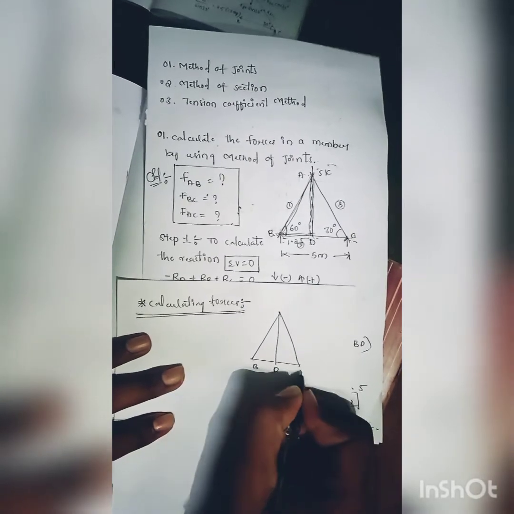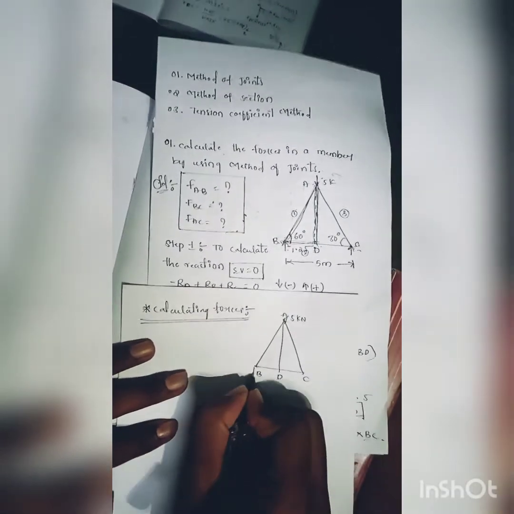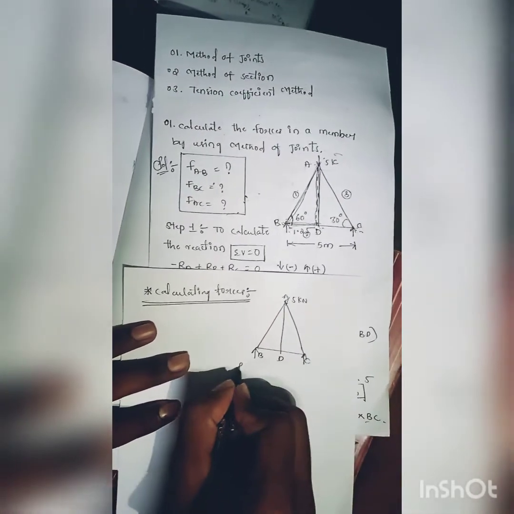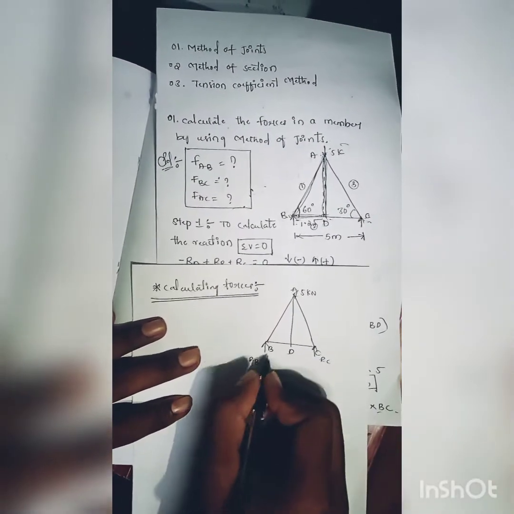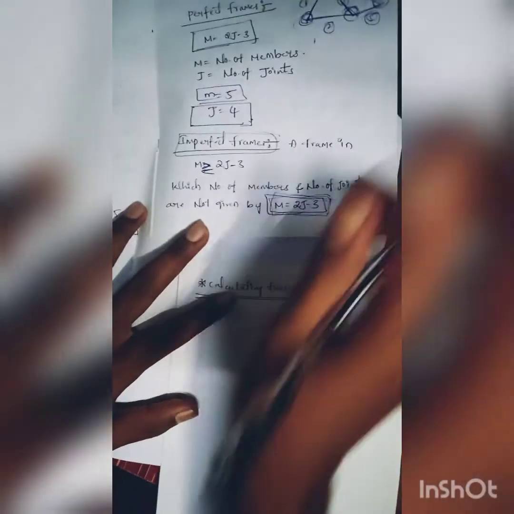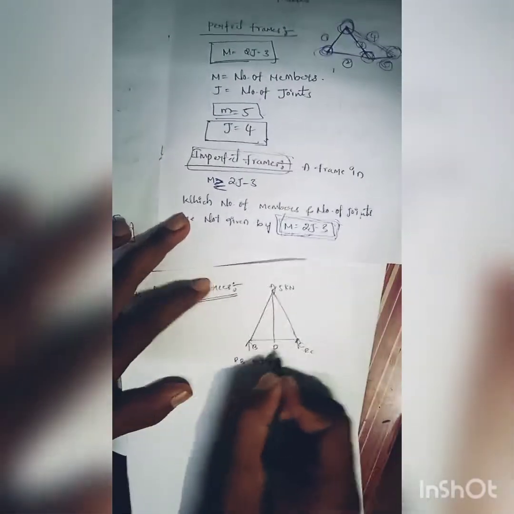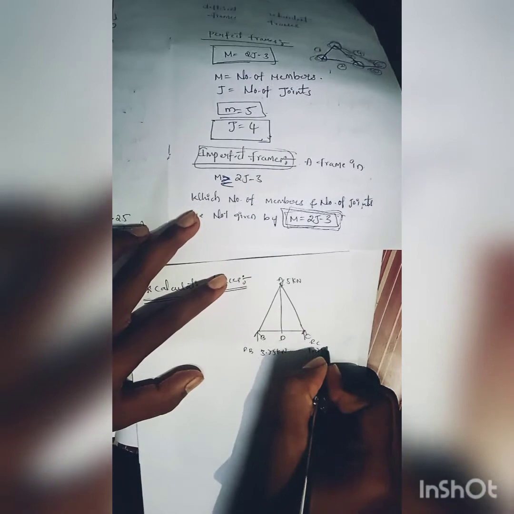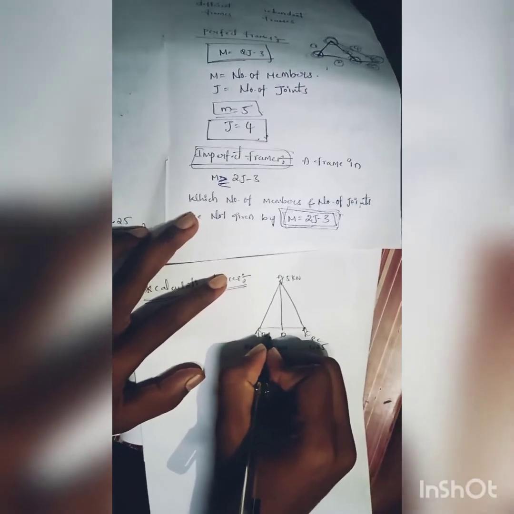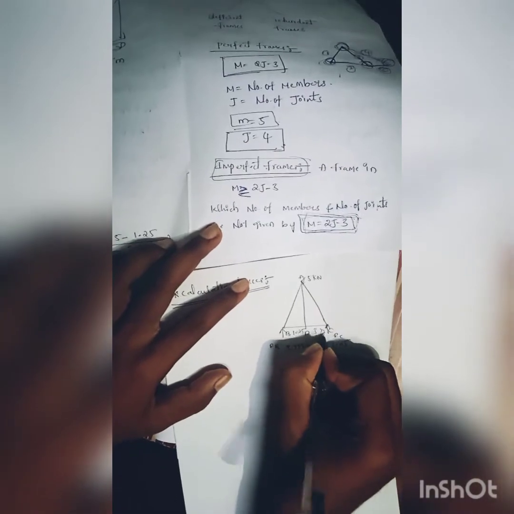D, B, C, 5 kilonewtons, and two upward forces. This is RB. We got RB in the previous problem, that is 3.75 kilonewtons. And what about RC? We got 1.25. We got the distance BD 1.25 and this is 3.75 meters.